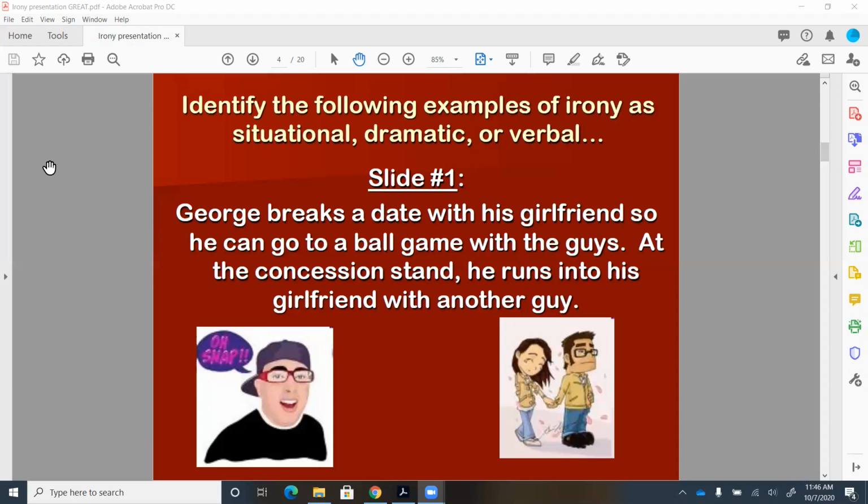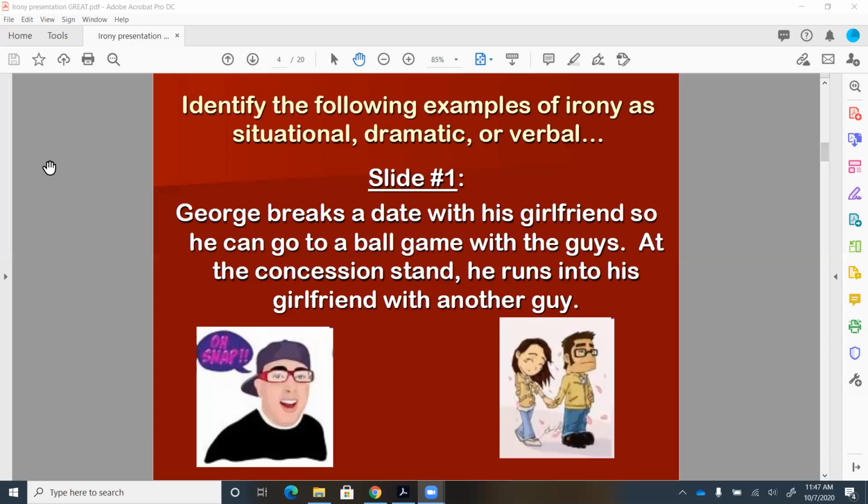So think for a moment. I always ask myself, what can I eliminate first? I would say I can eliminate verbal irony because there's nothing being said. So now we're down to situational irony or dramatic irony, where the reader or the audience knows something that the characters don't.